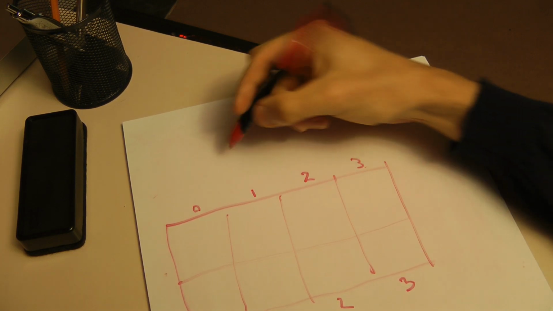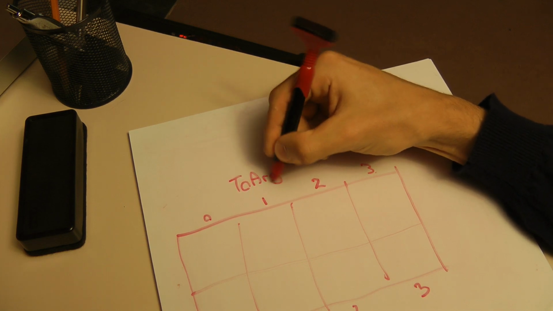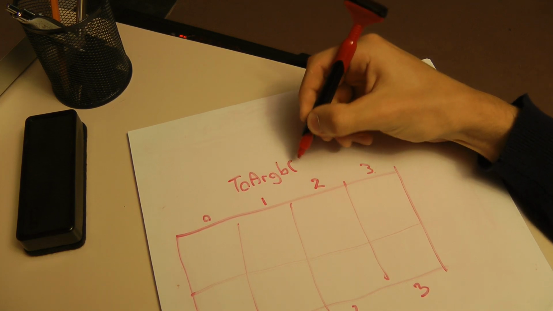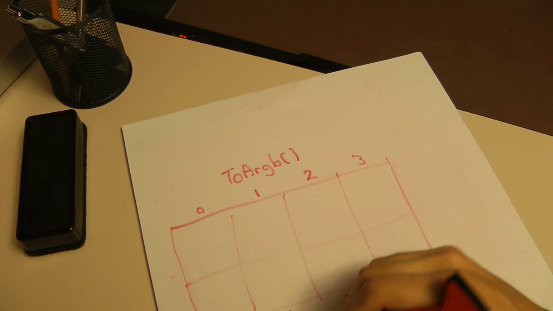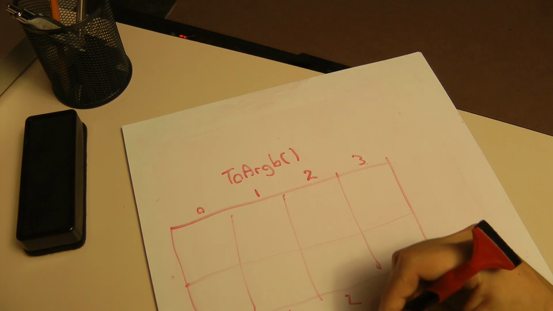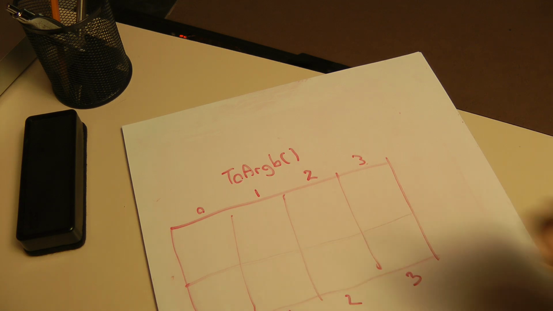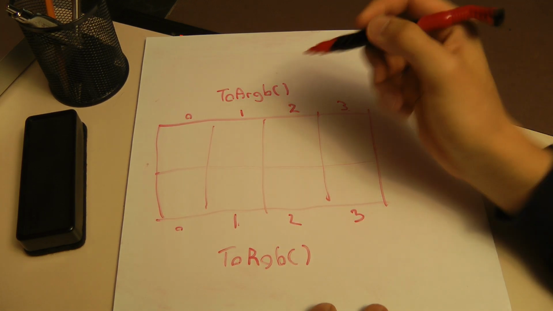The top row is going to represent the integer that is returned from the ToArgb method that we want to convert. I'm not actually going to show you the code. You can probably do it yourself, no problem. And our bottom row is going to represent the integer that is returned from the ToRgb method, which is the extension method that we want to define ourselves.